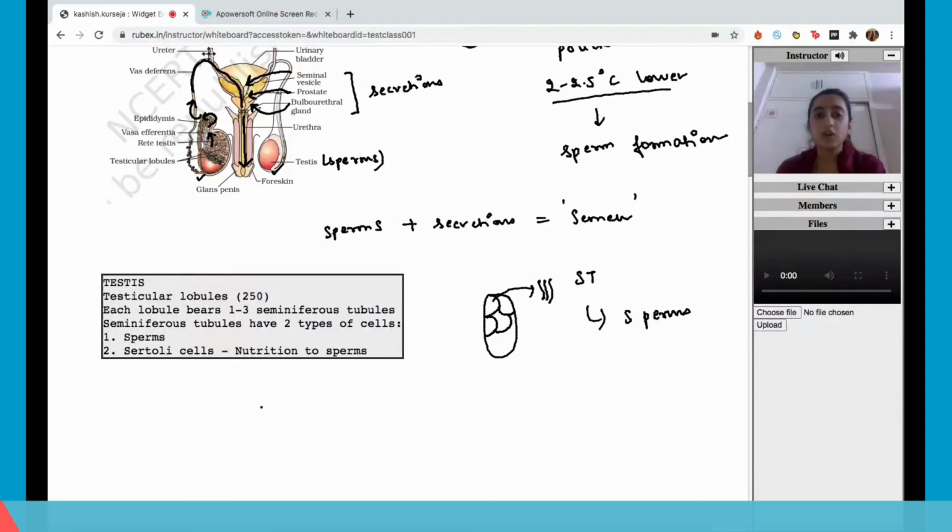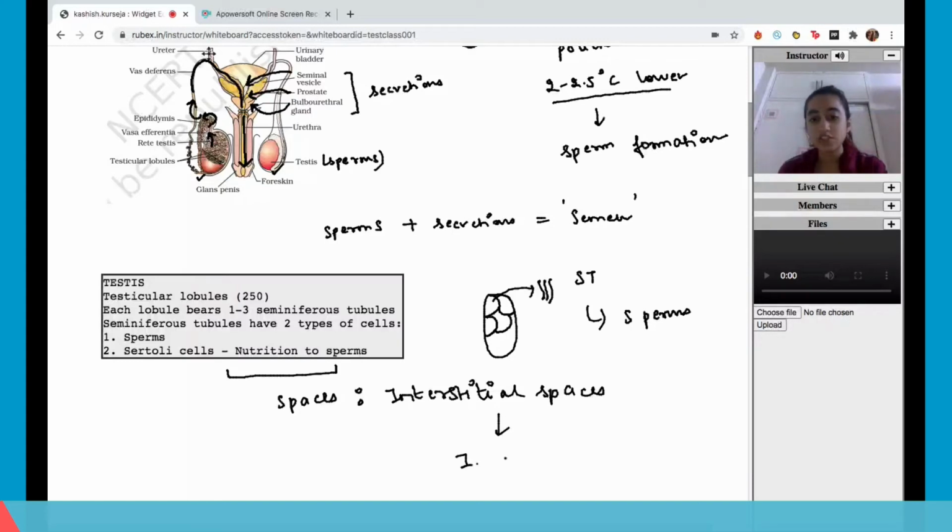Around these lobules you have some spaces going by the name of interstitial spaces. These interstitial spaces have interstitial cells.